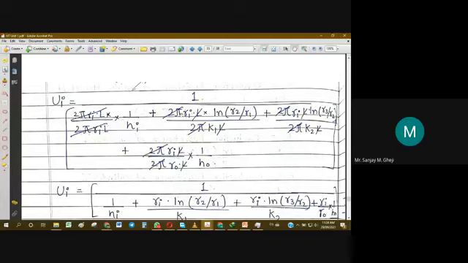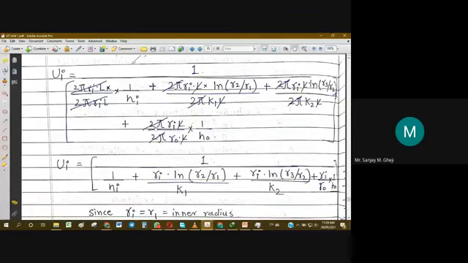The second term is 2 pi Ri into L into ln of R2 by R1 divided by 2 pi K1L. Out of this, 2 pi into L will get cancelled, and what remains is Ri upon K1 into ln of R2 by R1. The third term is 2 pi Ri into L into ln of R3 by R2 divided by 2 pi K2L. 2 pi L will get cancelled, and what remains is this.